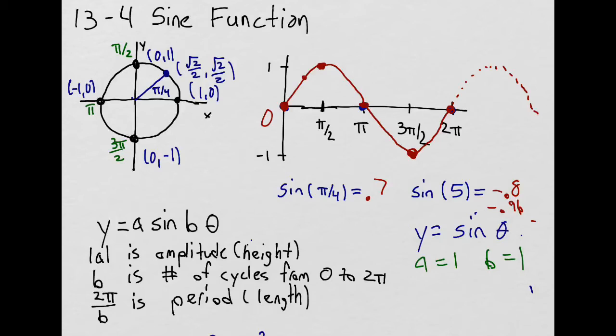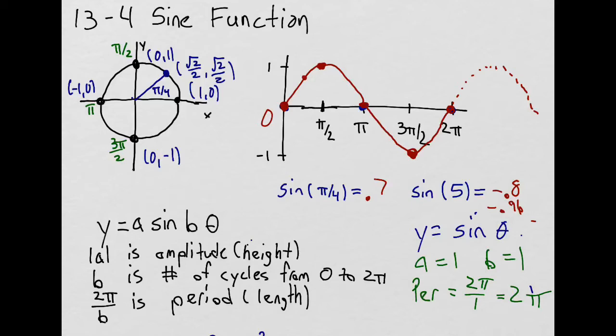And finally, the other thing you need to be aware of is the concept of the period. All right, the period is the length of one cycle. And so it's always going to be 2 pi over b. Well, for this curve right here, my period is 2 pi over b, 2 pi over 1, or 2 pi.